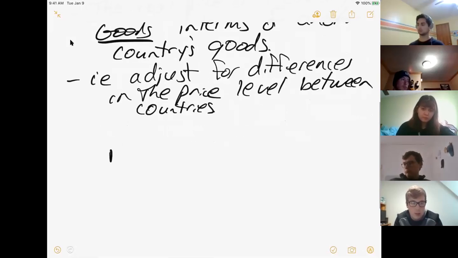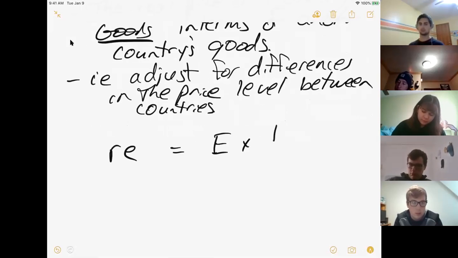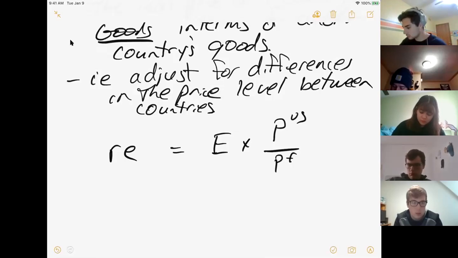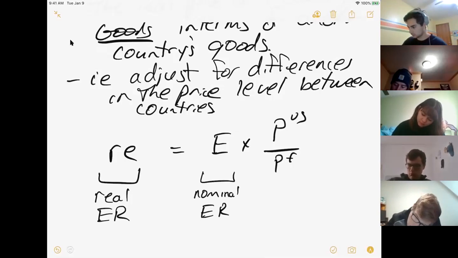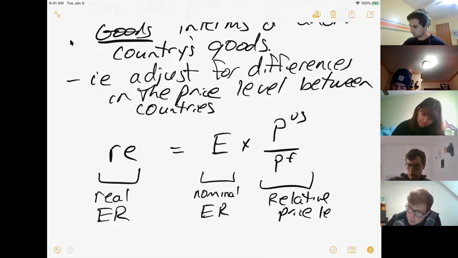What is the real exchange rate? We'll call that RE. It's just equal to the nominal exchange rate adjusted by differences in the price level between two countries. So RE is the real exchange rate, capital E is the nominal exchange rate, and this is the relative price level between two countries.